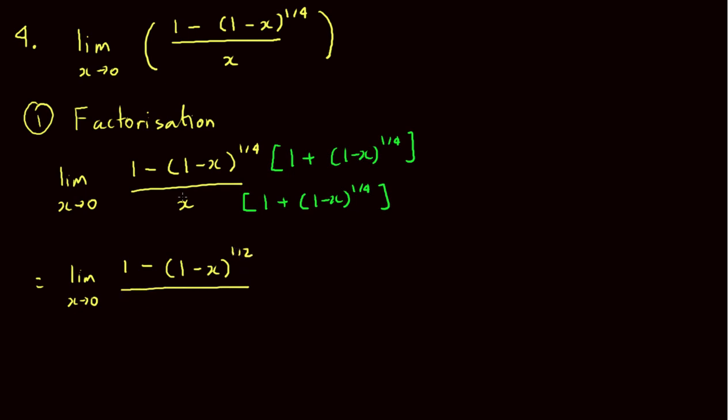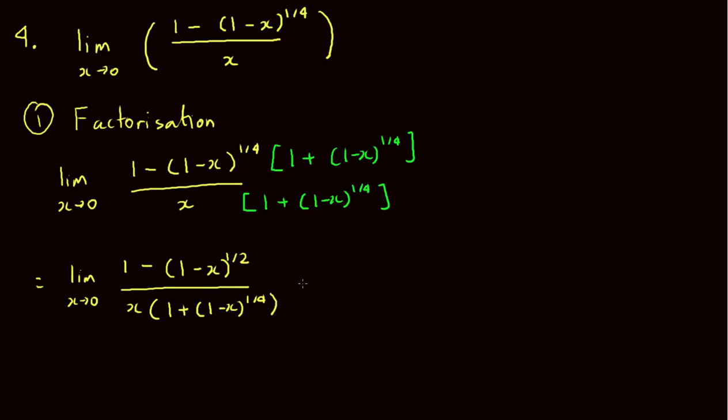Let's make that a little bit more clear, the half symbol is a bit weird. And we end up having x times (1 plus (1 minus x) to the power 1 over 4).